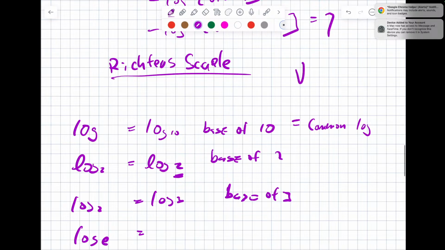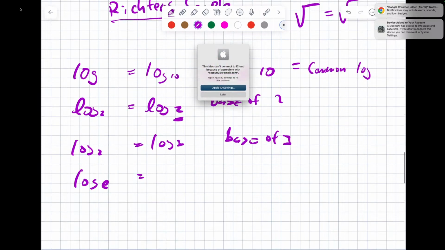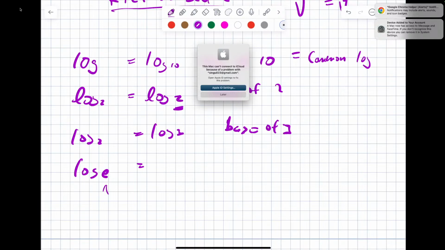So this is a common radical. It's the same thing. For logarithm, if I don't write anything, that base has to be 10. Now there's another type, log base of e. This one is a natural log, ln. ln is something that you're going to use a lot later on in this particular test. So ln is one of the things that you're going to have to deal with later.